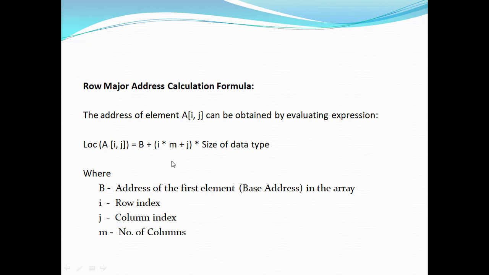Then we'll see the address calculation formula for row measure. The address of an element a[i][j], where i is the row and j is the column.